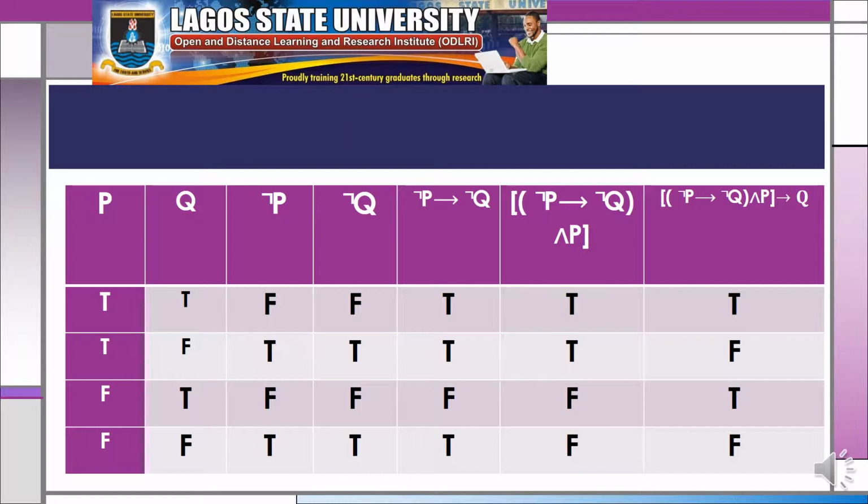The implied operator and the AND operator are combined together to obtain the last column, which contains T and F, and this makes it not valid. The last column should have been T for it to be a valid statement or a tautology.